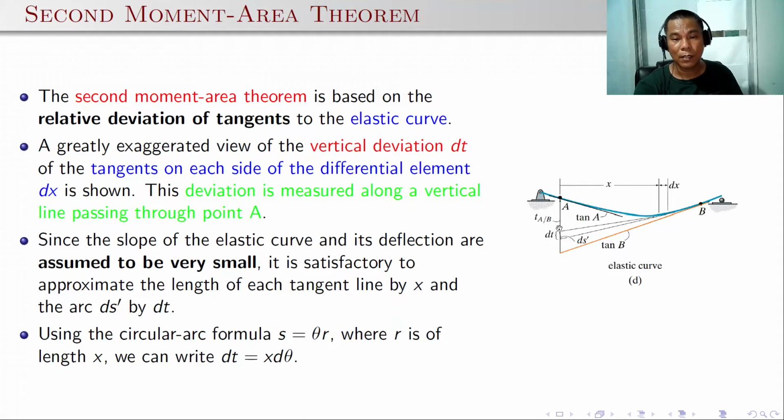But since this slope is very small, we can just consider it to be equal to x. So that dt is equal to x d theta. So that's the main reason why we are able to compute dt as a function of x and d theta. Again, you have to remember the deflection is assumed to be very small.